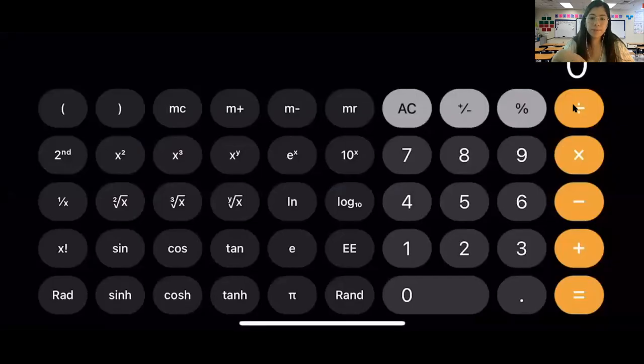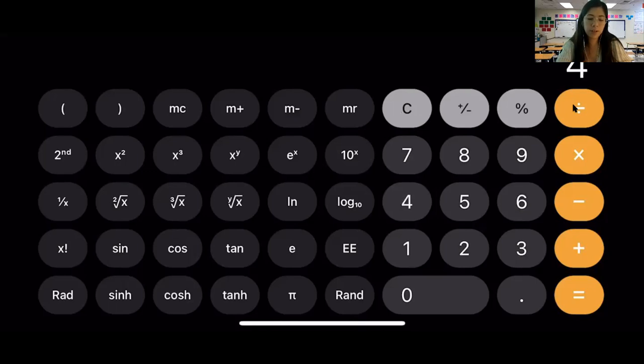But what we need to do is when you divide by the cosine of 55, you want to use parentheses, because if you don't use parentheses, it's going to think that you're looking for the cosine of 4 divided by 55. You know how there are parentheses around the 55? We want to use those parentheses. So watch carefully what I'm going to do. I'm doing 4 divided by the cosine of 55.